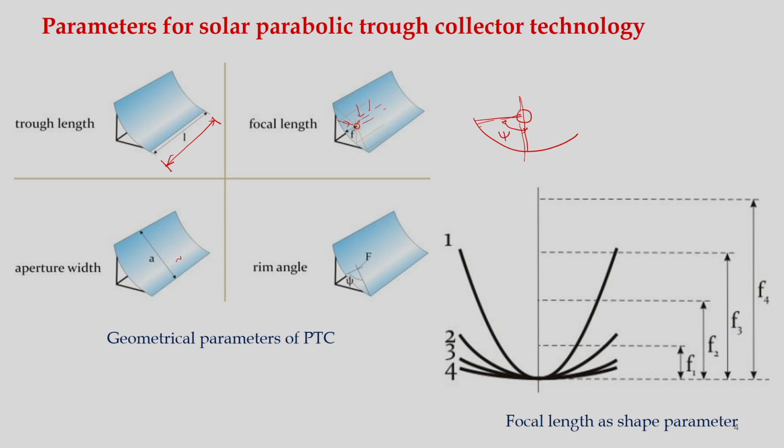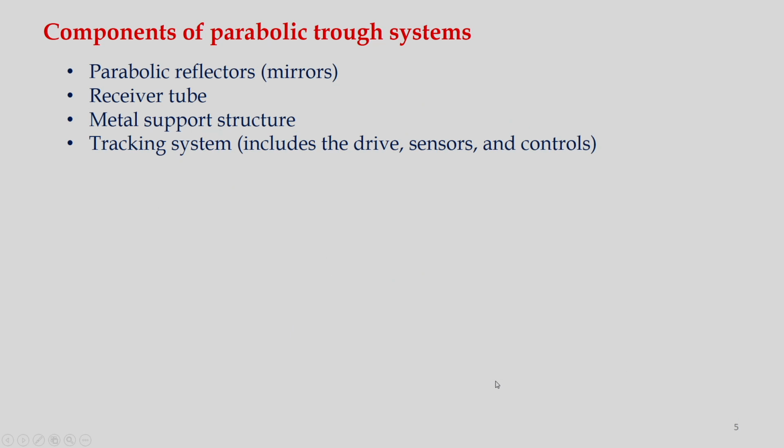And what you can see here is that if we use a different arrangement, then we can have different focal points. For arrangement 1, you can see the focal point is here. For arrangement 2, the focal point is here. So, we can take the appropriate decision on what kind of focal length is required based on the devices used for reflecting the solar radiation.